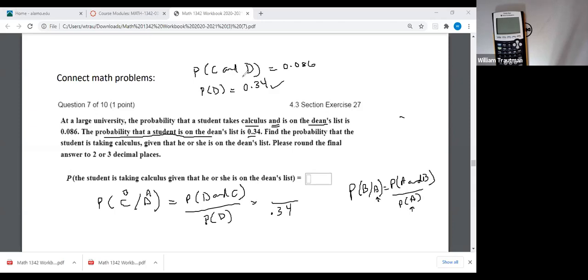The probability of C and D, and D and C mean the same thing, is 0.086. So using the formula, we just put that in our calculator.